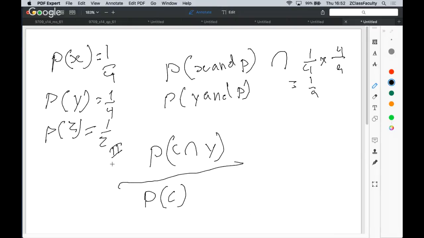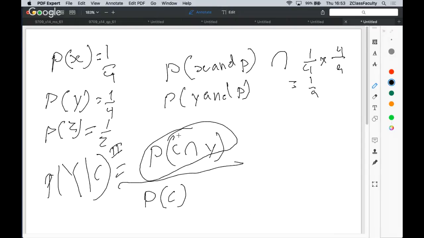So when you calculate the probability of y happening given that C has already happened, it is equal to the probability of C and y over the probability of C. So this one is equal to P of C and y, so it would be 1/12.